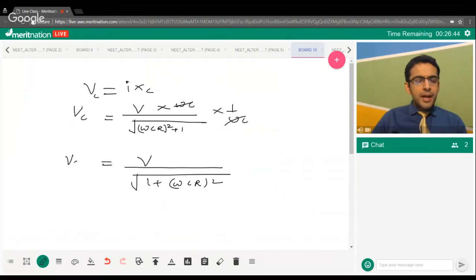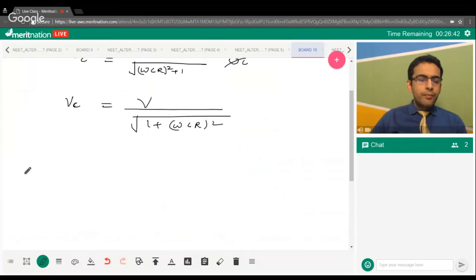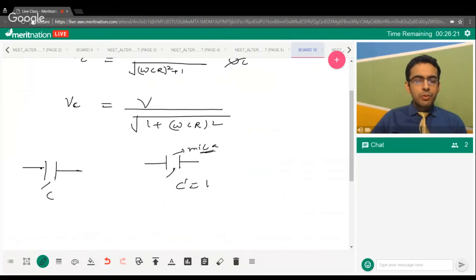So just try to understand that when air is there inside, the capacitance is, let's say, C. When we have mica here, if K is the dielectric constant for that, we can say C dash will be equal to K times C. Obviously, K is greater than 1. So the capacitance in the case of mica is more than the capacitance when air is there.